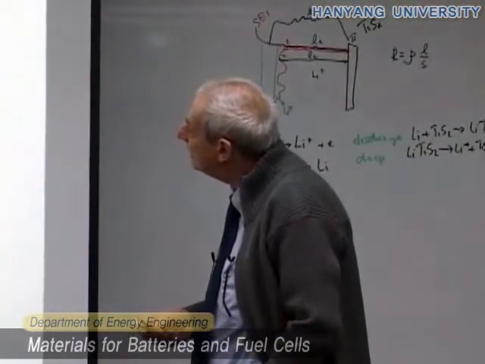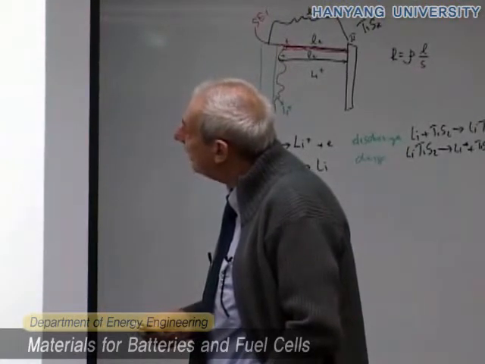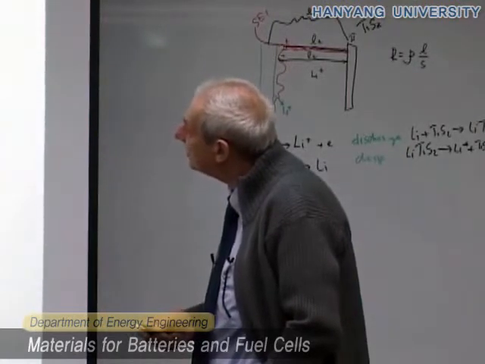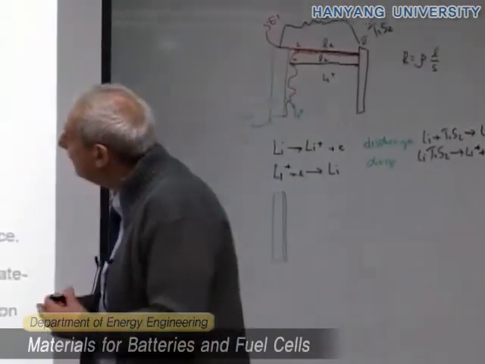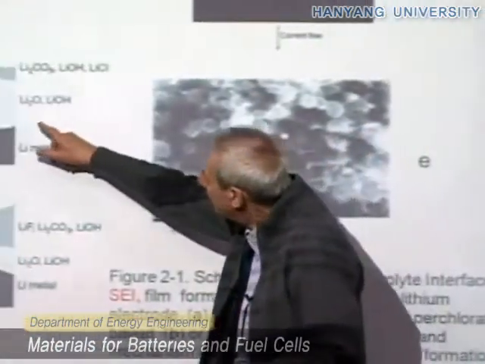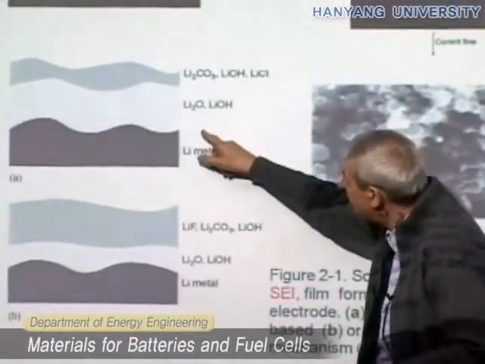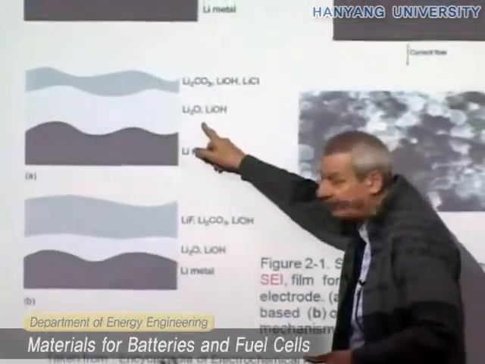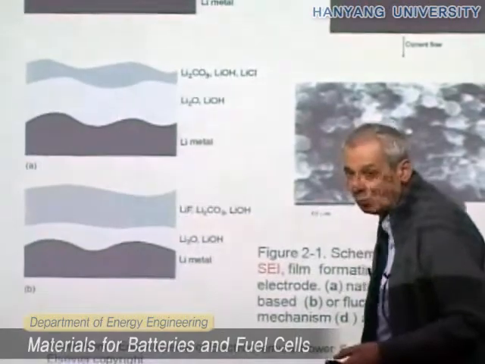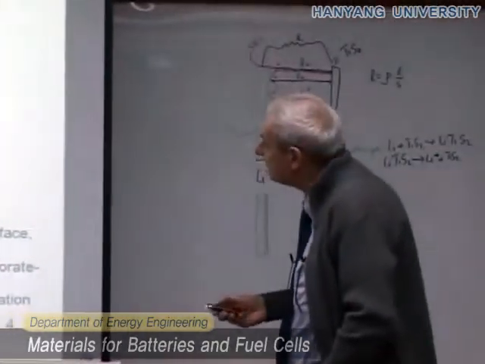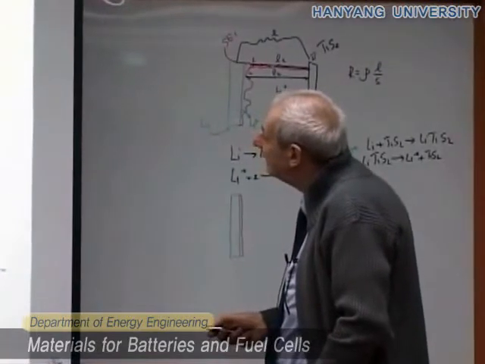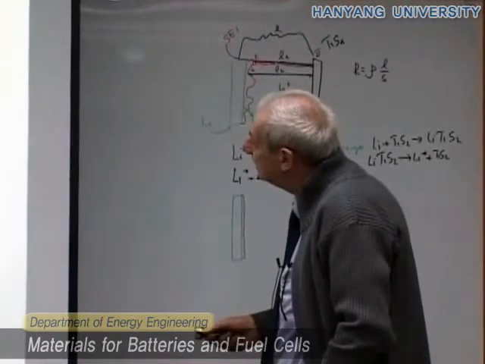You see here now a very clear picture, let me go back, of dendrite formed, of passivation film formed for this second situation, where we have some chloride-based electrolyte solution.